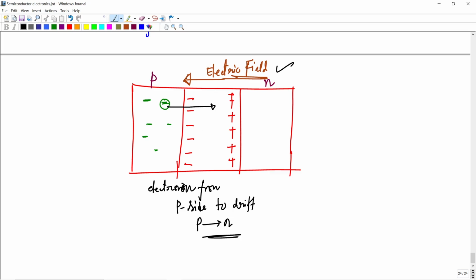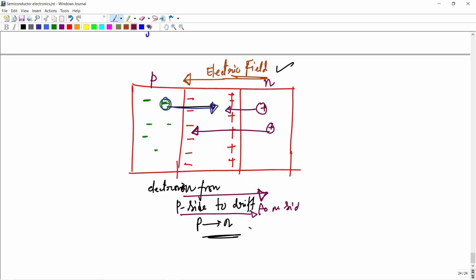Due to that electric field, obviously the electron from the minority carrier in p moves from p to n direction.